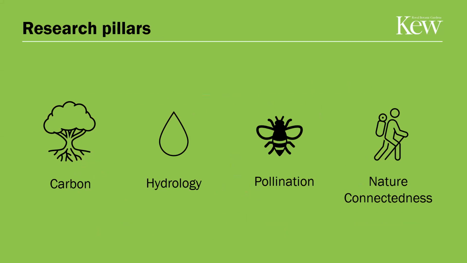There is a stream that is carbon related, climate adaptation and mitigation, understanding how habitats contribute to them. Another stream is hydrology, how habitats can cope with drought or flooding; pollination, the importance of the diversity of pollinators in ecosystem function; and finally, how people feel when they are in different habitats.